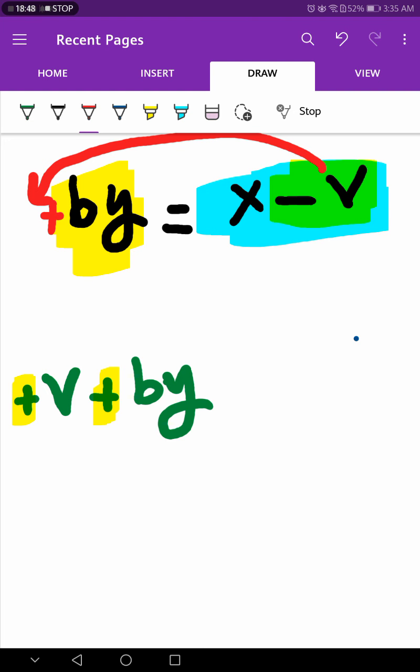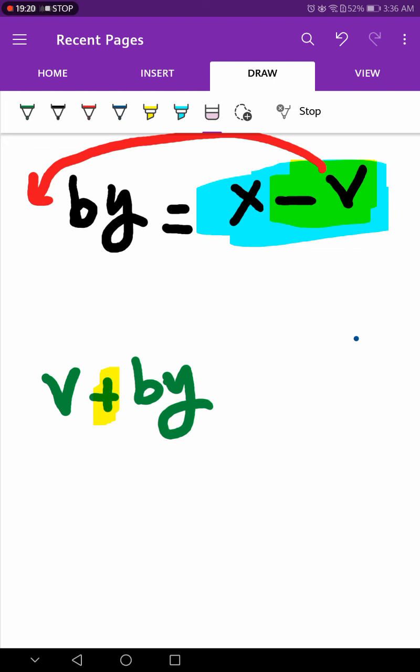Any positive number, it is known, we agree between all, you can write the positive and you can not. Yes, okay. So plus v equal plus py, I will erase this.